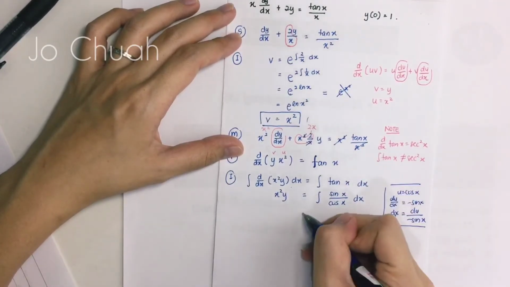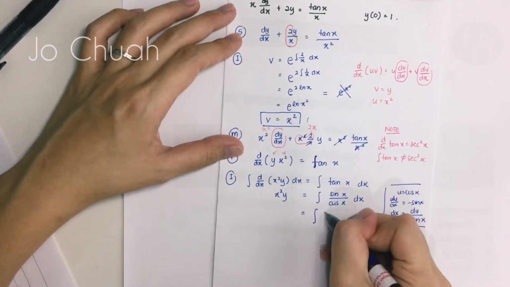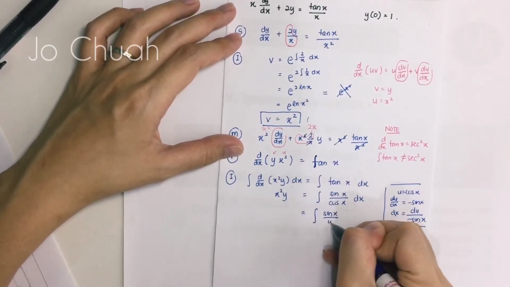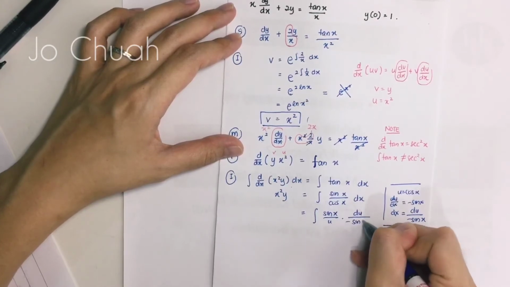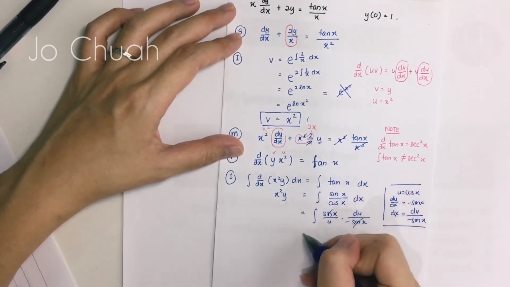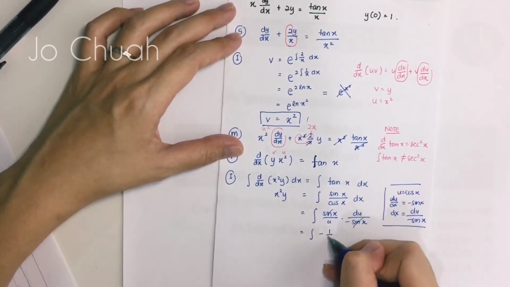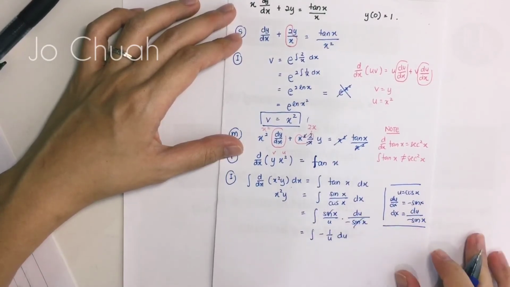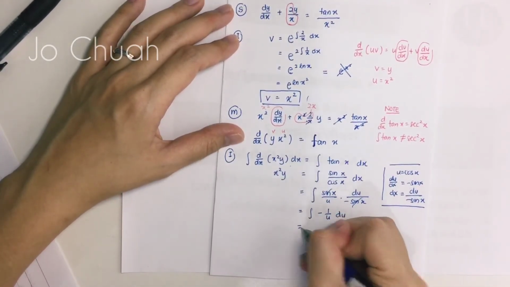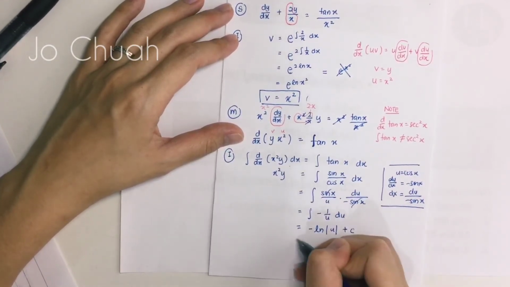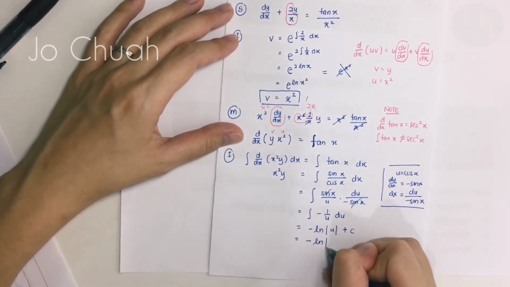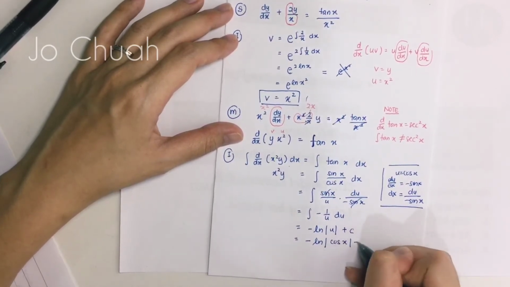Okay, substitute this in, you're going to have sine x over u times du over negative sine x. Alright? So cancel off, you're going to have integral of negative 1 over u du. Integrating this, you have negative ln modulus u plus c, negative ln cos x plus c.